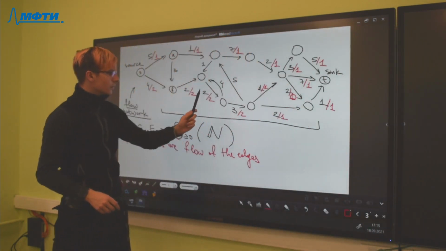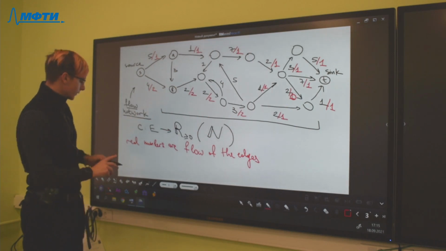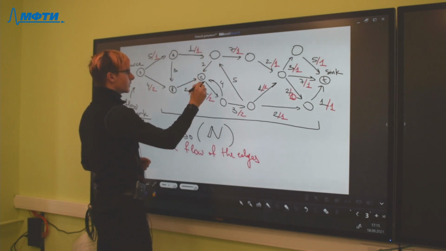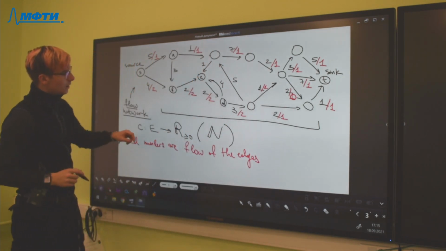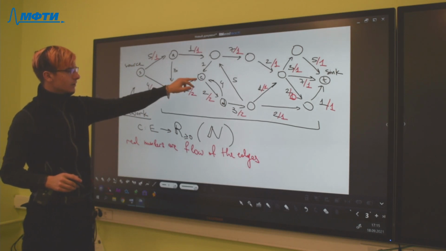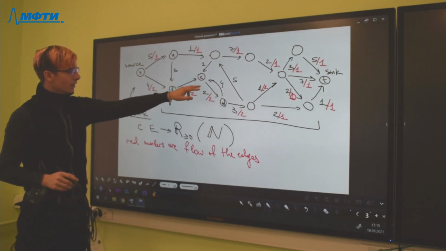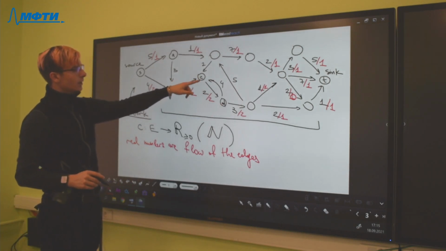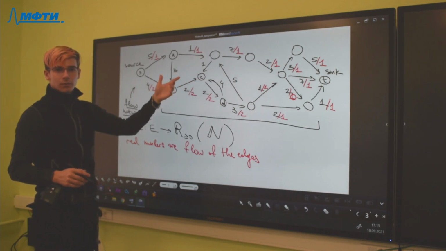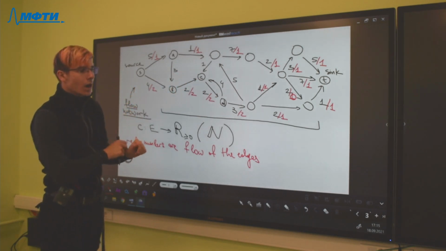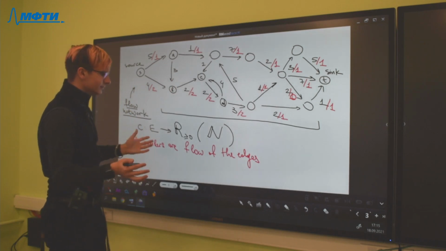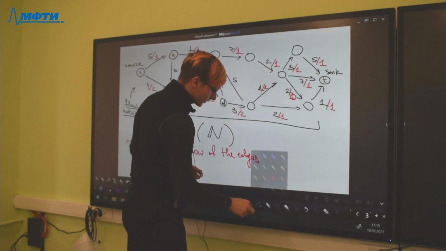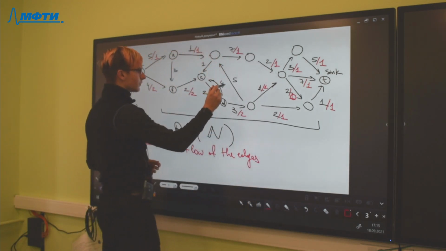And we can say that, for example, I need to name these vertices, C and D. We can say that edge CD has flow equal to 2, and edge DC has no flow, or flow equal to 0. Oh, okay, yeah, you're right. We can say that it's equal to -2 too.